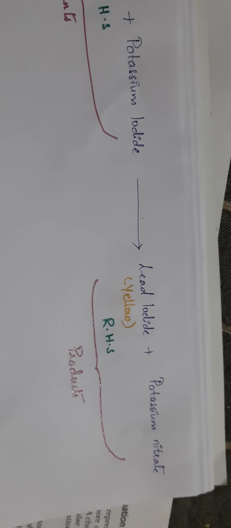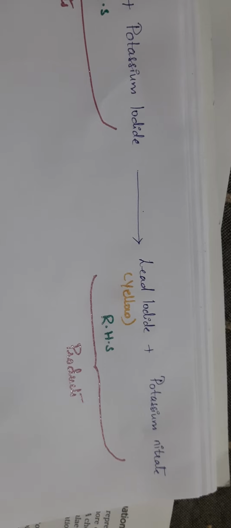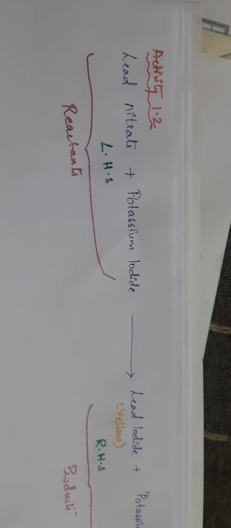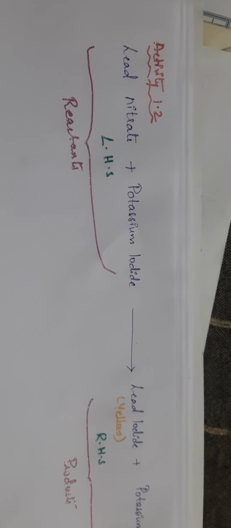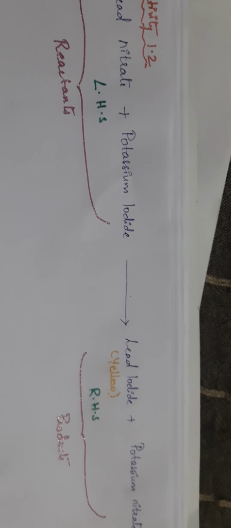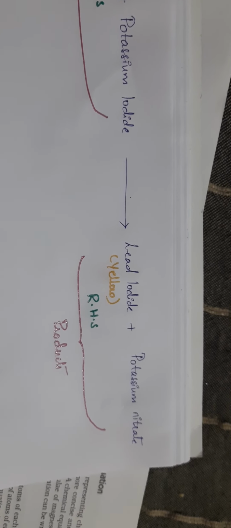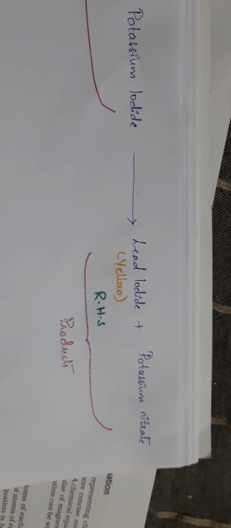Again, here we are getting two products, that's why the products are separated by a plus sign. So in activity 1.2, when lead nitrate solution is mixed with potassium iodide solution, they react and produce lead iodide, which is a yellow color precipitate, and potassium nitrate.